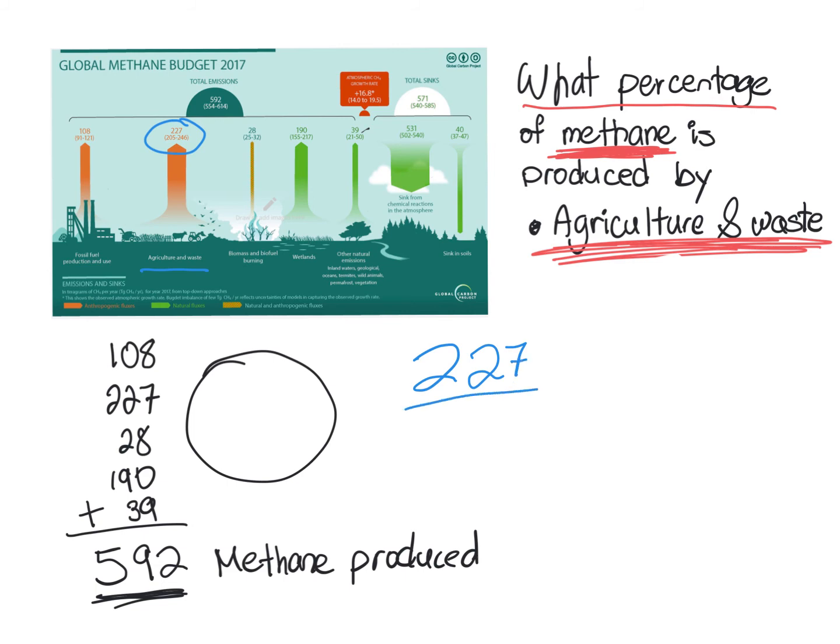We're going to divide 227 by 592. And then we will multiply whatever number we get, because we will get a decimal number, something like 0 point something, by 100, and that will give us our answer.